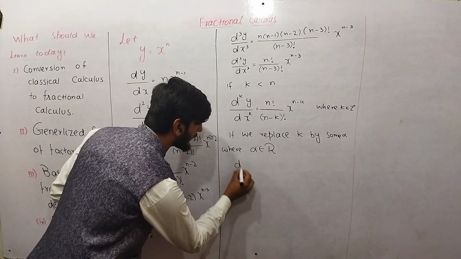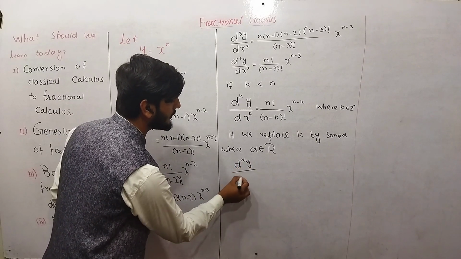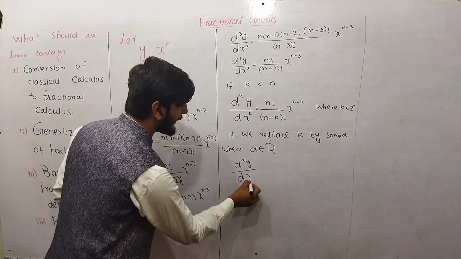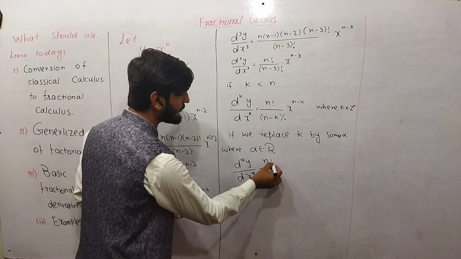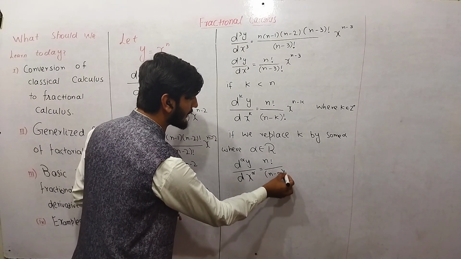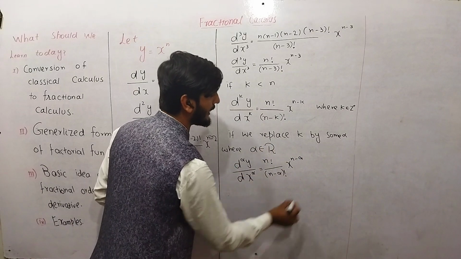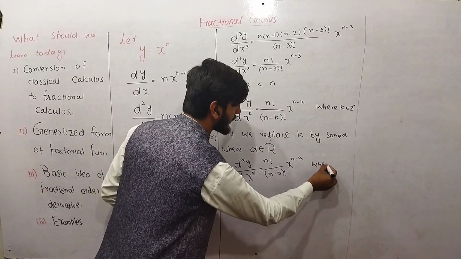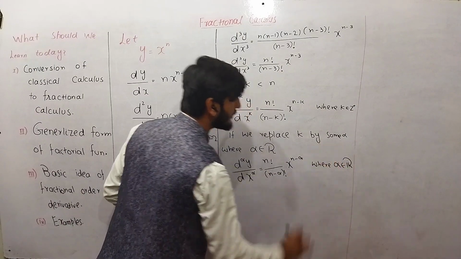The result will be d alpha y over dx alpha is equal to n factorial over n minus alpha factorial x raised to power n minus alpha, where alpha belongs to a real number.